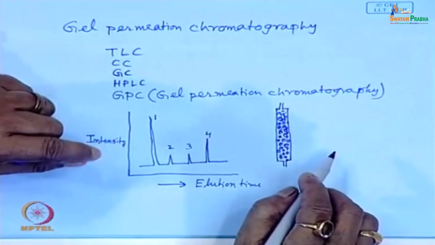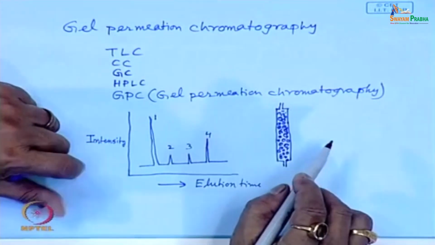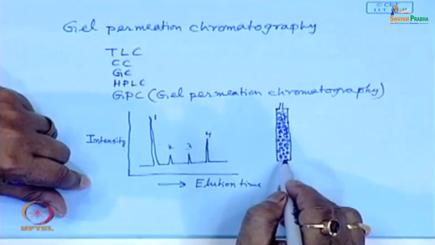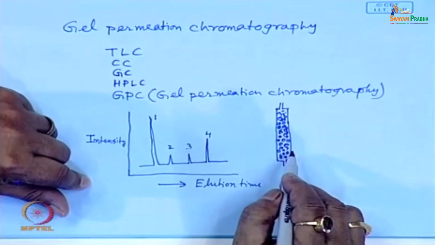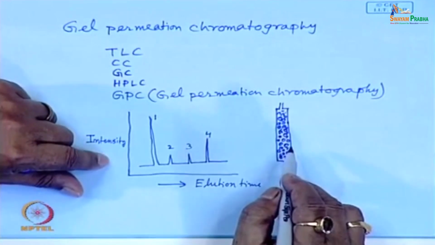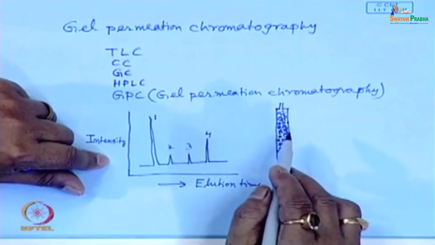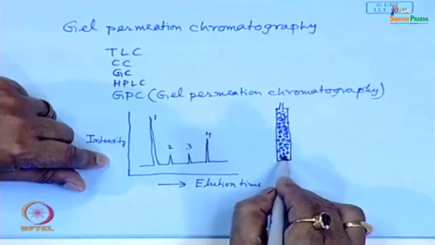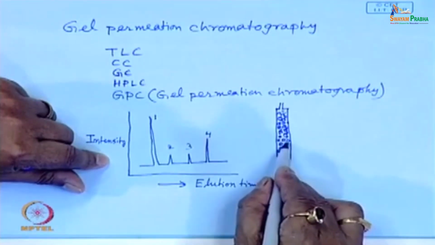Since it is porous, what happens? If you inject a polymer solution of dilute concentration, it enters the column. On entering the column, smaller molecules can enter into the porosity of the beads, the pore volume of the beads, while bigger molecules cannot penetrate within the bead, but pass through the interparticle space like this.